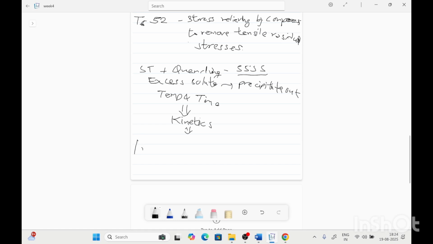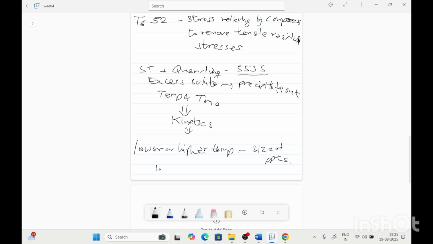So the lower or higher temperature determines the size of precipitates. If the temperature is low, the size of precipitates will be very fine, and if a high temperature is applied during aging, the precipitates will grow to a larger size.